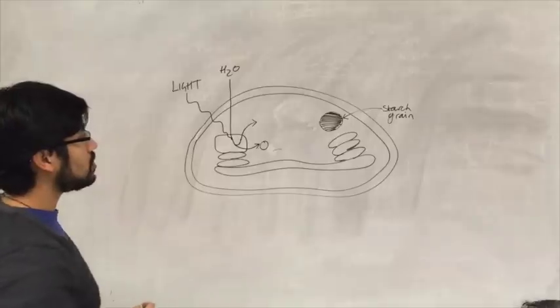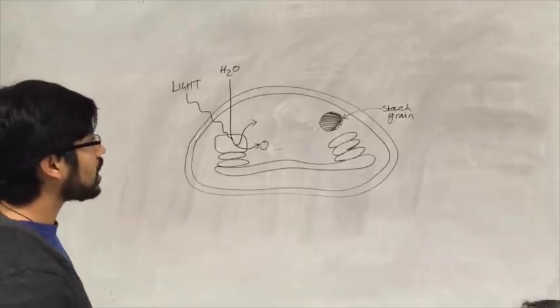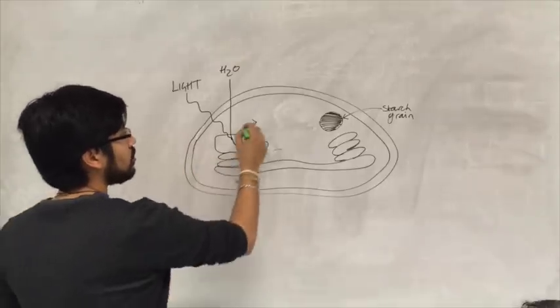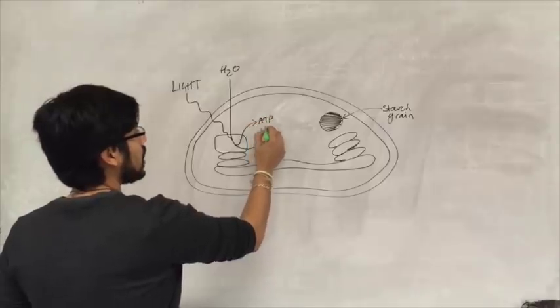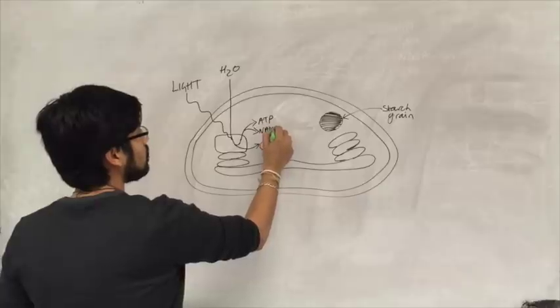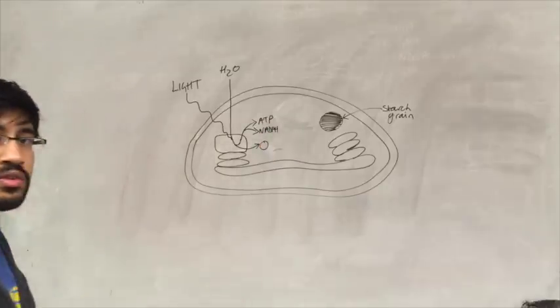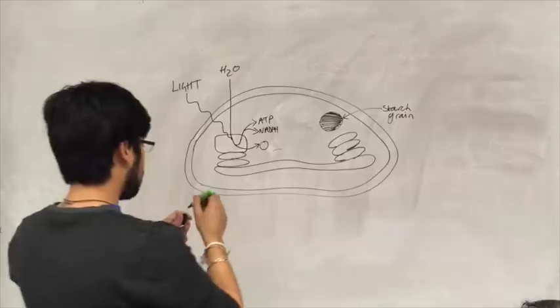So we're producing oxygen, so the thylakoid is responsible for that, but the thylakoid is also responsible to produce ATP and NADPH, otherwise known as reduced NADP.